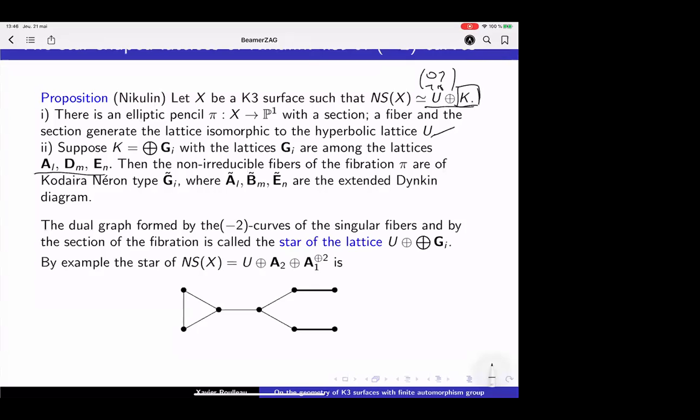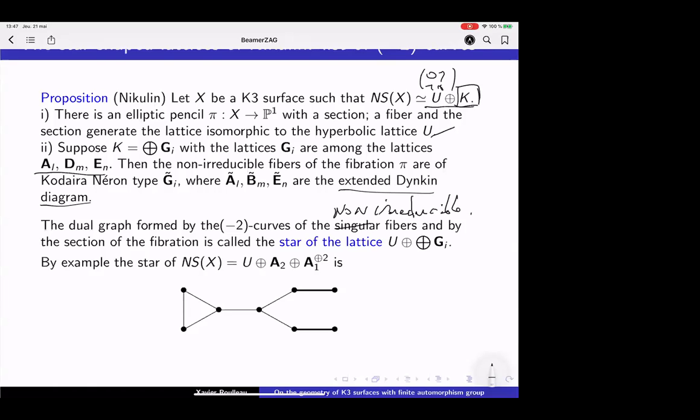You know all the reducible fibers of your fibration by taking the extended Dynkin diagram of your lattice here. So it is better to give an example. Well, so first, the dual graph formed by the -2 curves on the singular fiber, the reducible singular fiber.